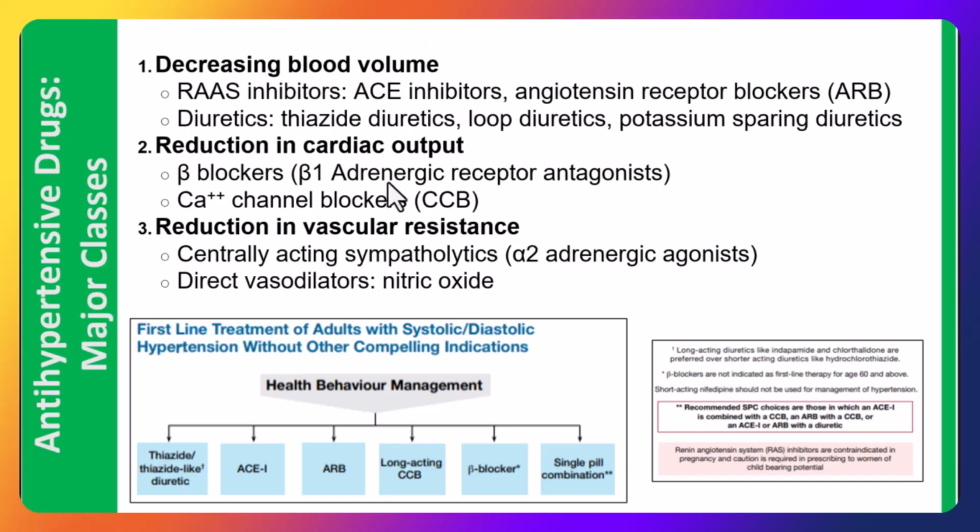If we're reducing cardiac output, if we're putting out less blood into the blood vessels, that's less volume and less pressure. And reducing vascular resistance has to do with how narrow or wide the blood vessels are, which changes how much blood is held within them, and therefore how much pressure is exerted against the vessel walls.